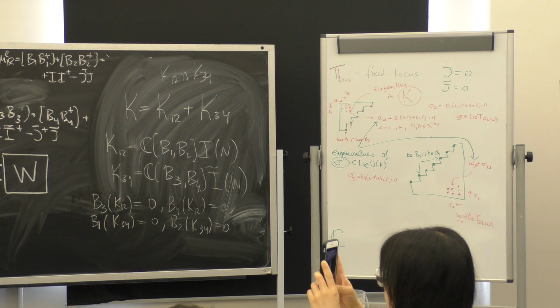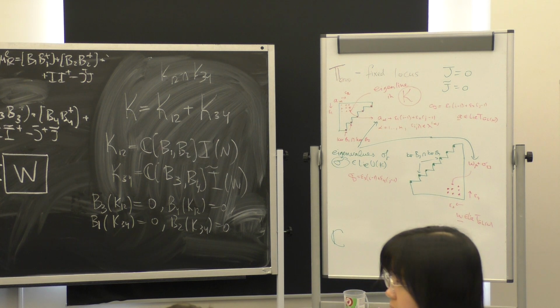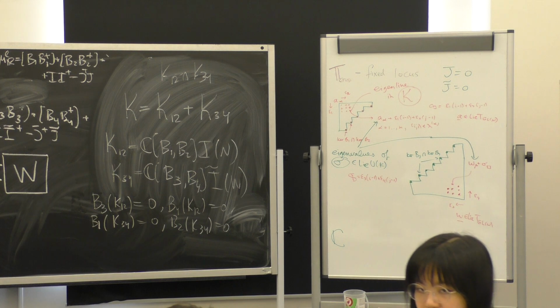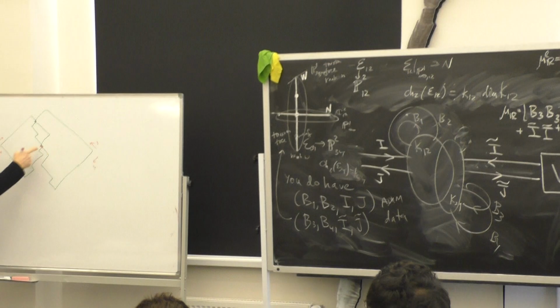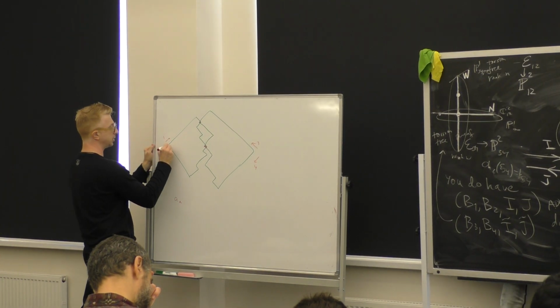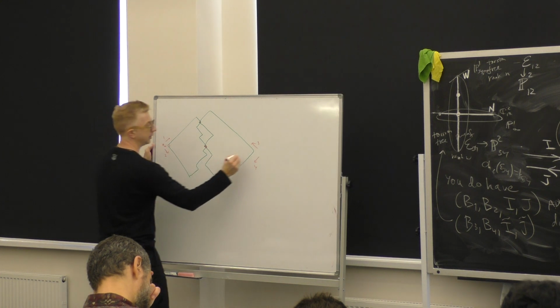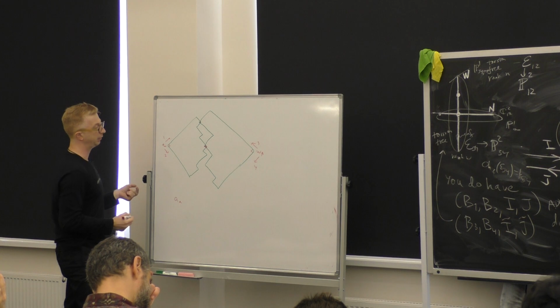So the equivariant parameters. For this to happen, what has to happen? This starts at A sub alpha, and this starts at W sub beta, for some values of alpha and beta.